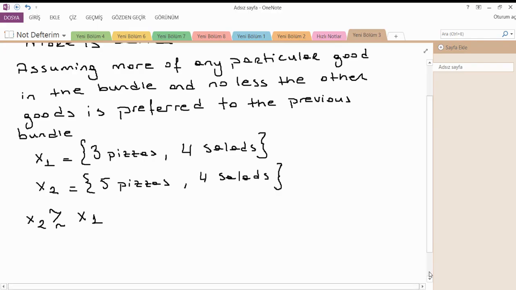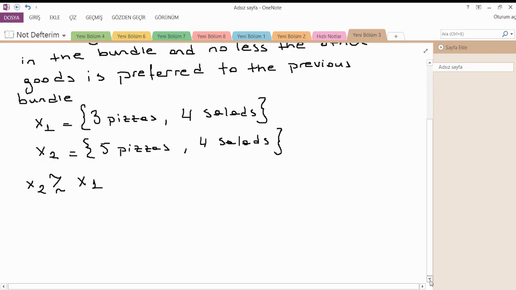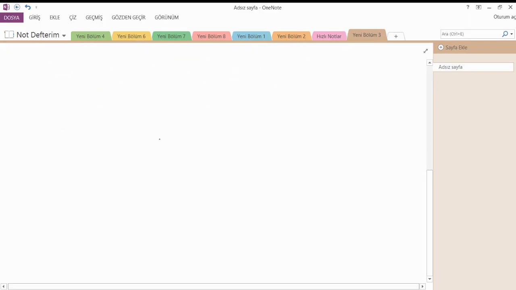So let's see what we are going to do with this assumption when we are talking about preferences on an XY plane, okay? What does the more is better assumption mean when we are talking about a function, okay?